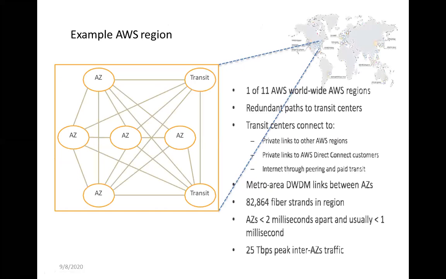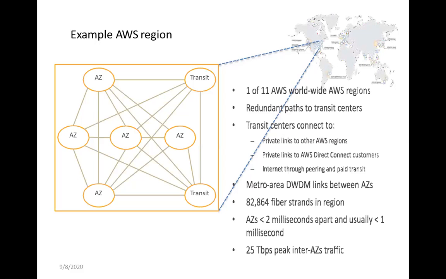This is one example of an AWS region, one of 11 AWS regions worldwide. Out of 11, one is this AWS region. There are redundant paths to transit centers.